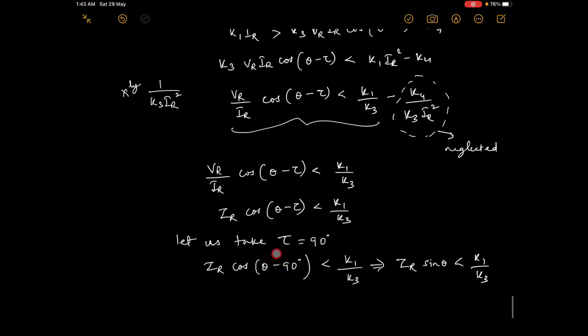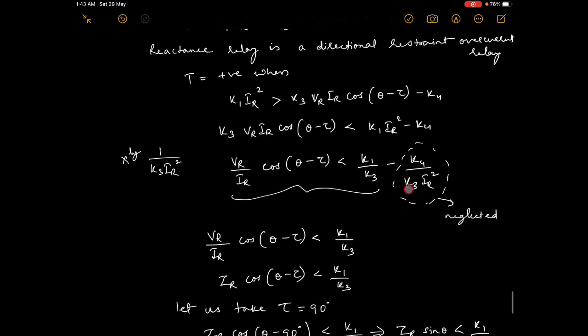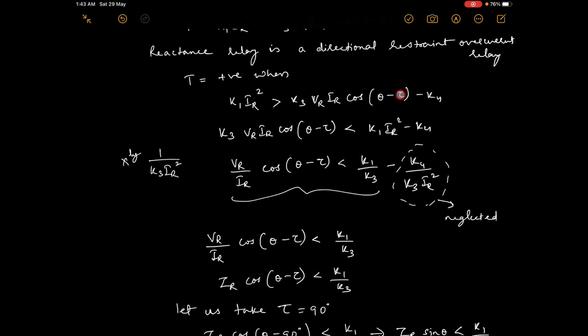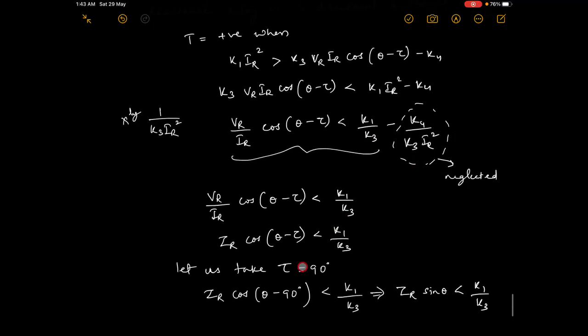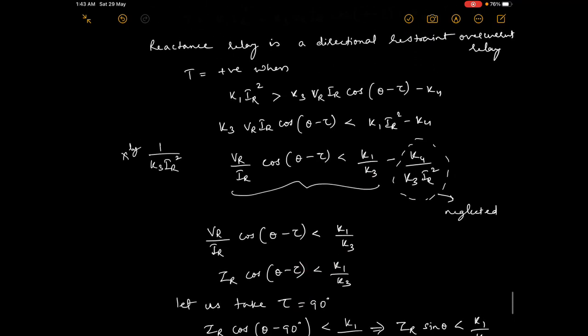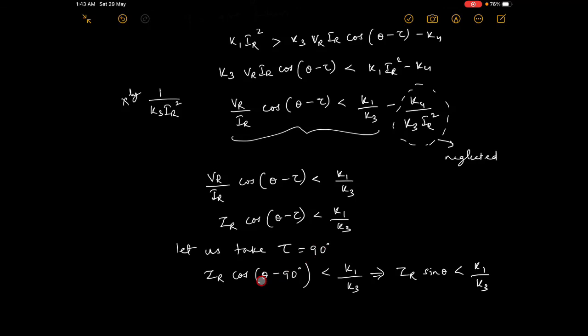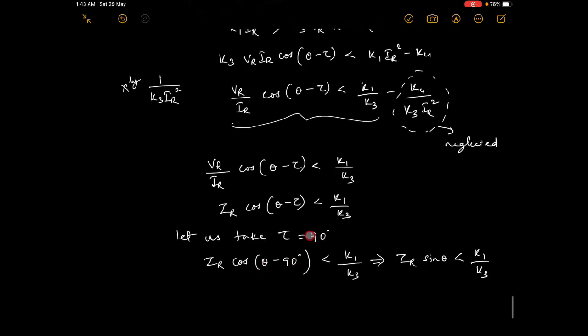Now let us consider that tau is 90 degrees, that is, we are making this relay operate at tau equal to 90 degrees. So tau is nothing but the flux angle which we are trying to create here, exactly 90 degrees.